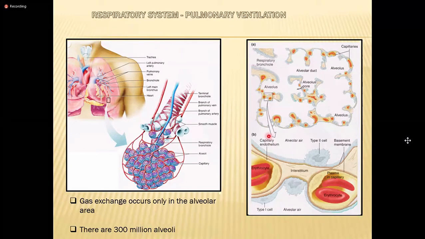Your capillary endothelium comes in contact with the alveolar sac. Your oxygen from the outside, from the alveolar area, will go to your erythrocyte and specifically to your hemoglobin. So you have 300 million alveoli.